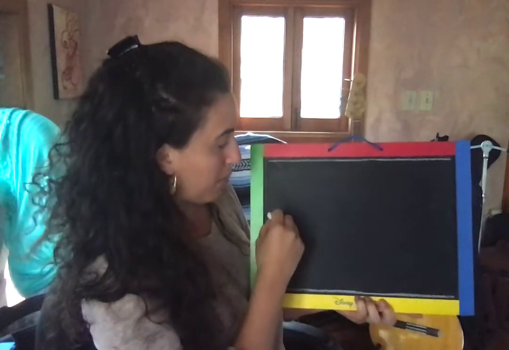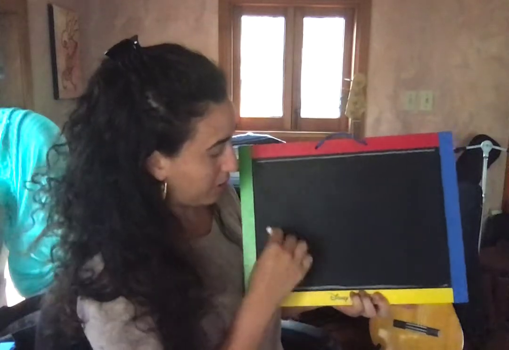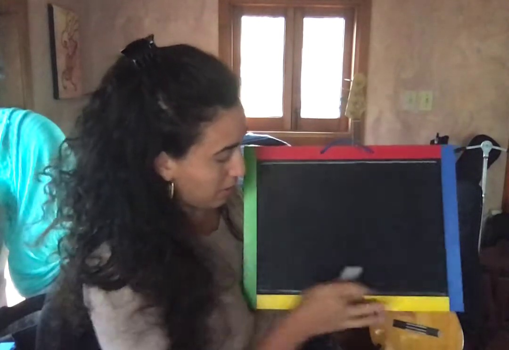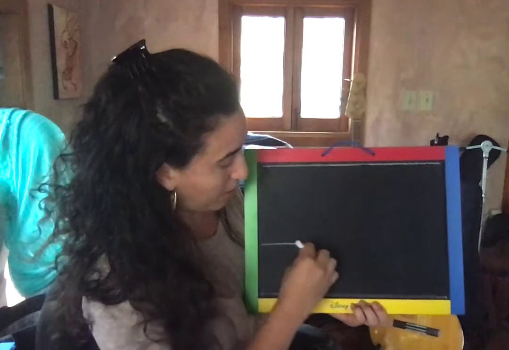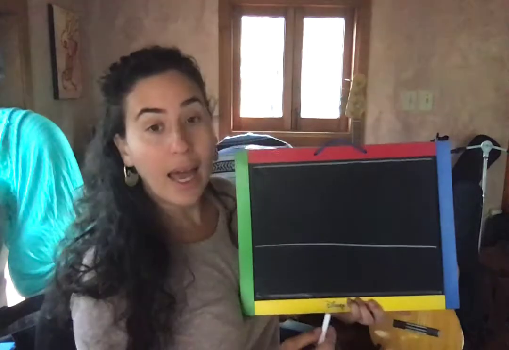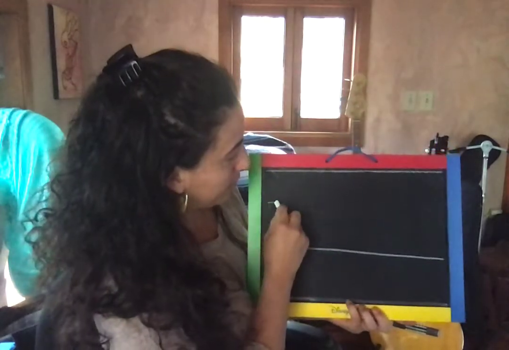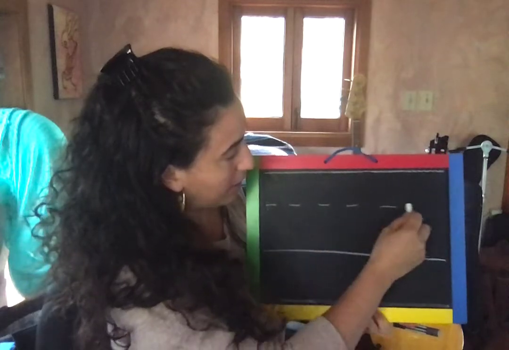Well, let's actually put the bottom line here. So take that out because we're going to need a little bit. There's a top line, there's a bottom line, and there's a middle line. And the middle line is the dotted line.